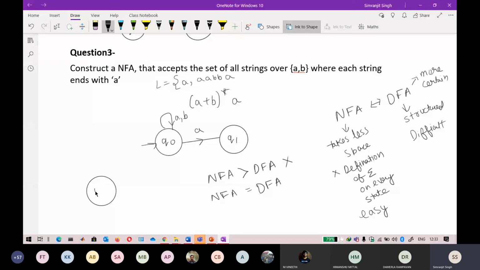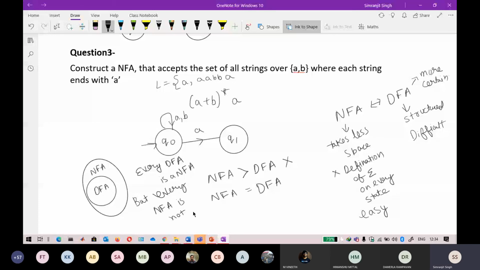Don't get confused by this diagram. It says every DFA is an NFA, but every NFA is not a DFA. If you remember the definition of NFA, it just says that we do not have a compulsion to define all the states. The word is compulsion; it depends upon the choice of the user.